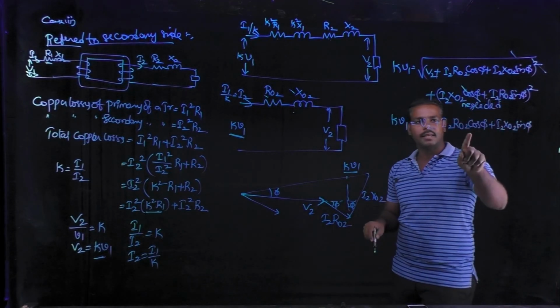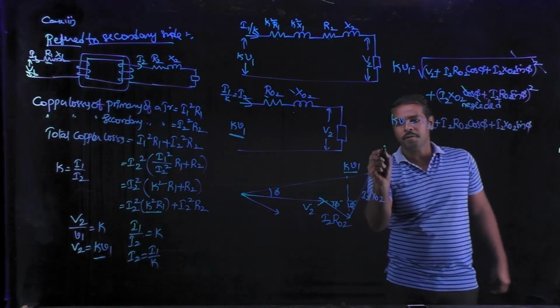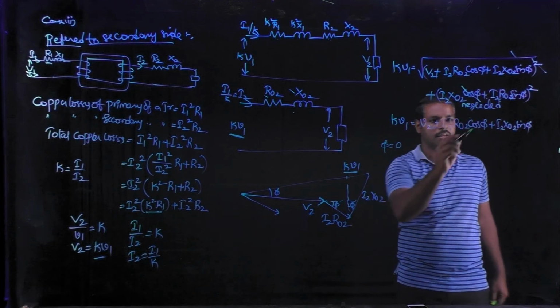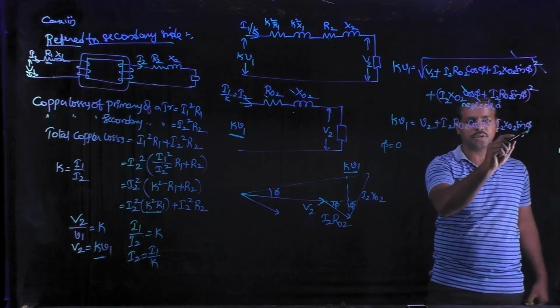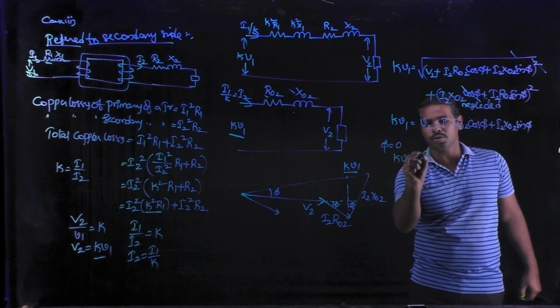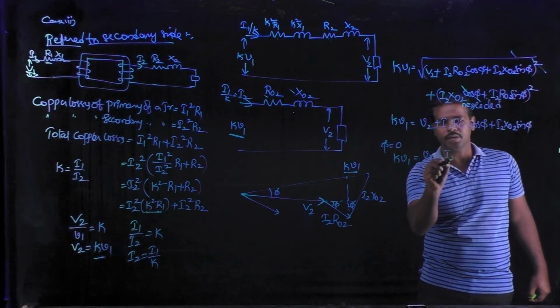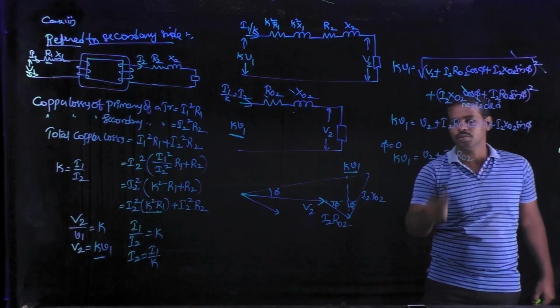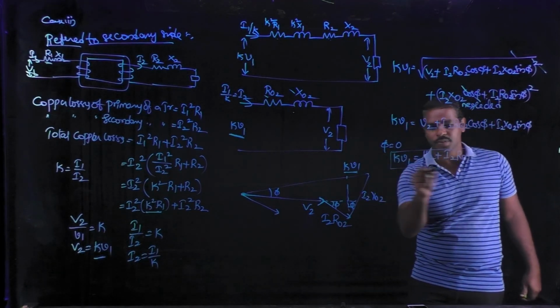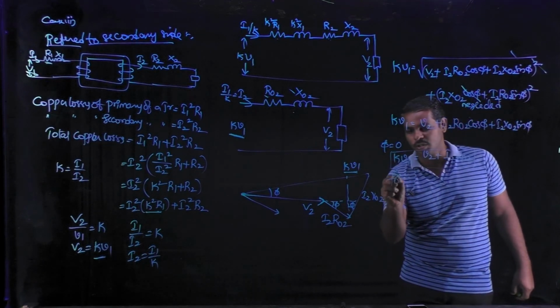So this is the general expression. When phi is equal to 0 degrees, cos 0 is equal to 1 and sin 0 is equal to 0. So then KV1 is equal to V2 plus I2 R02. So this is one equation. Another one is for capacitive loads.